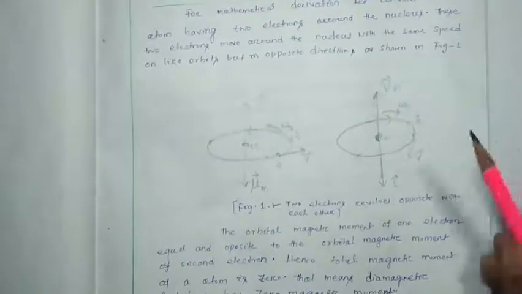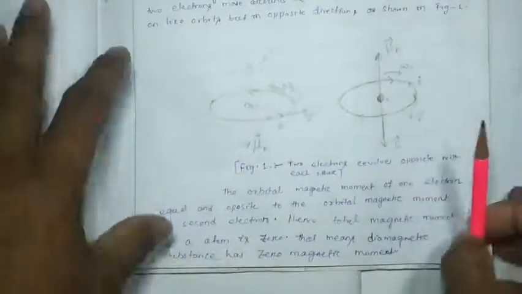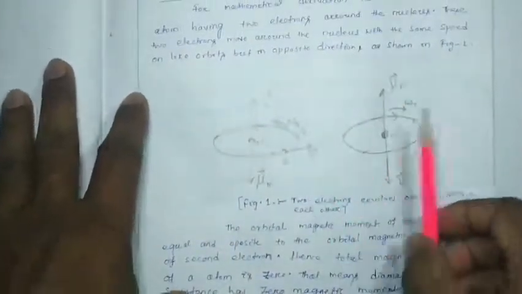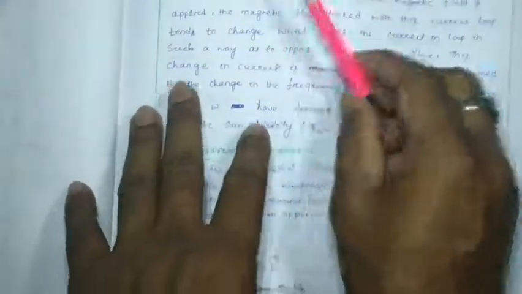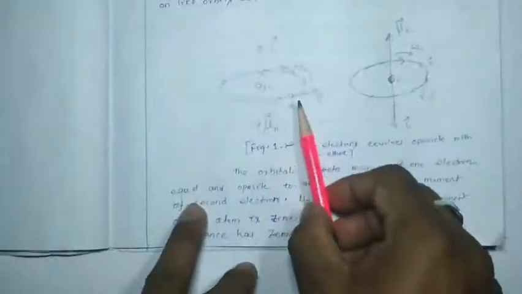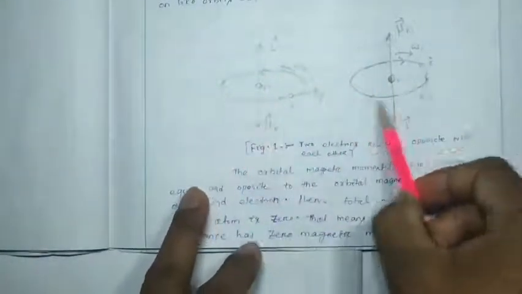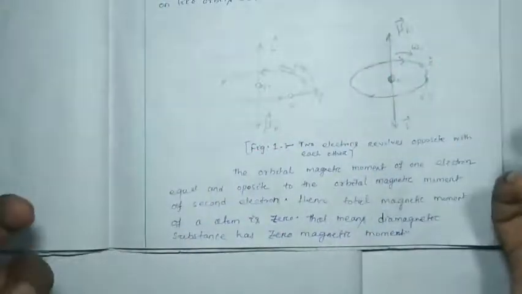This is the situation we have considered, that the atom has 2 electrons. What I told is that diamagnetism is observed only with an even number of electrons around the nucleus. So we have considered one nucleus and 2 electrons. One is revolving this side and another is revolving clockwise.